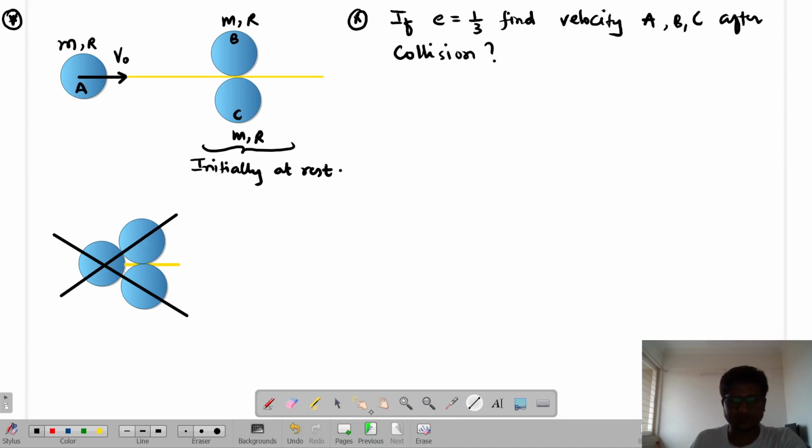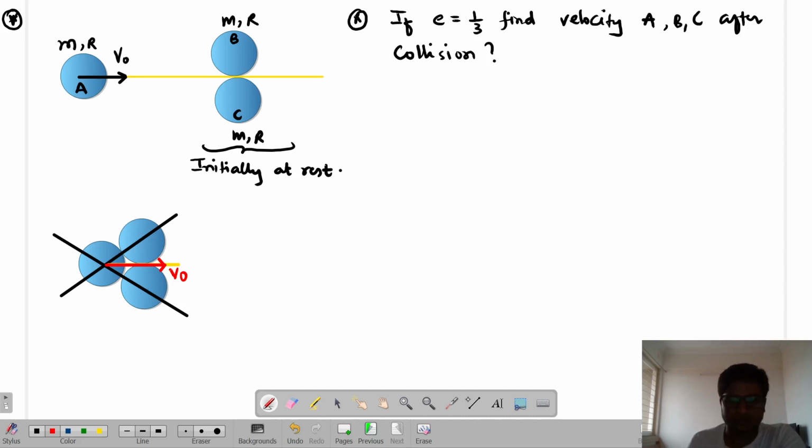The first mistake people make is that they do not draw the two lines of impact, so always draw them. Remember that this particular ball had a velocity v naught along this direction before collision. Now, these are the same masses, so they are just trying to block the particular objects over here.